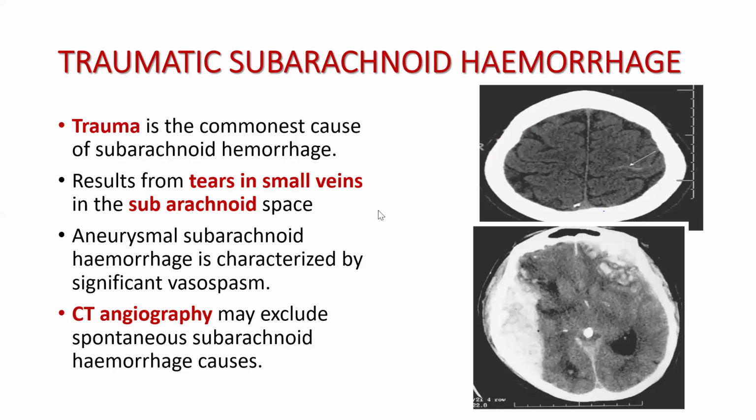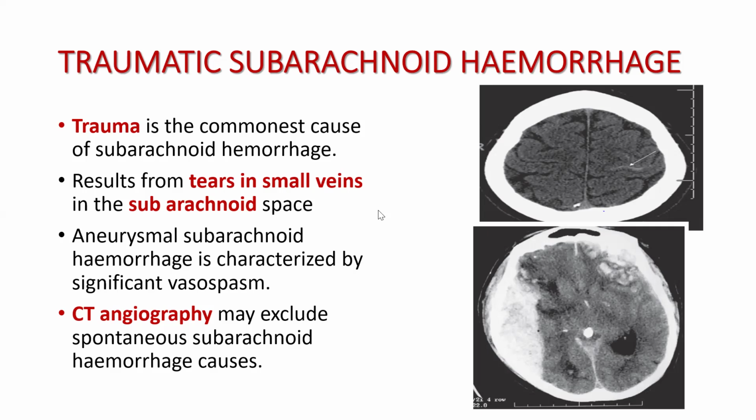You read about the grading of subarachnoid hemorrhage. It's called the Fisher grading of subarachnoid hemorrhage. You have to know all those details. So read the Fisher grading of subarachnoid hemorrhage. You continue.